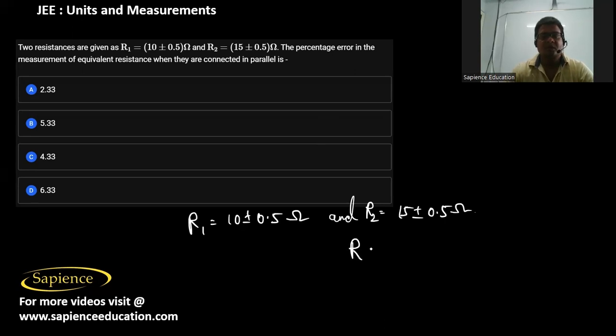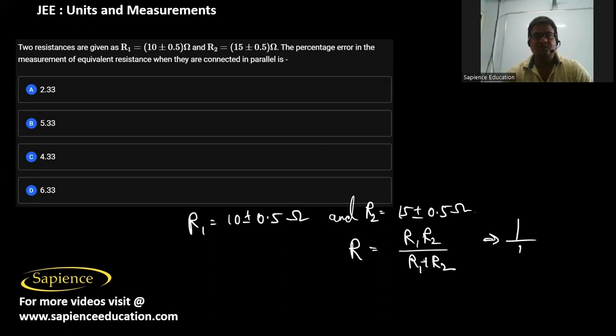So R will be equal to R1 R2 by R1 plus R2. You can also say that for the equivalent resistance, 1 by R is equal to 1 by R1 plus 1 by R2.